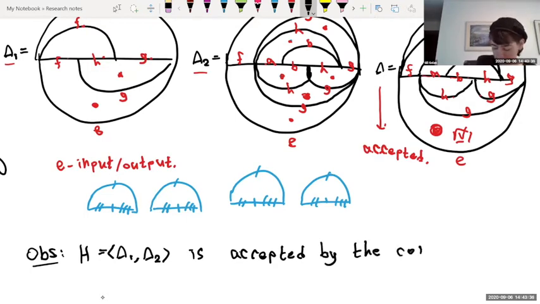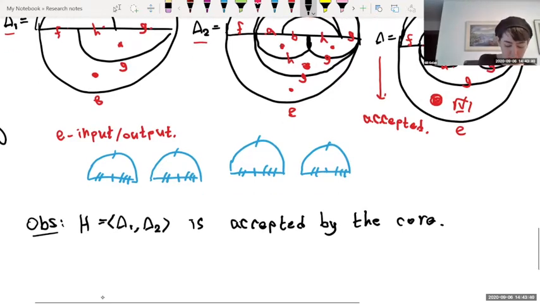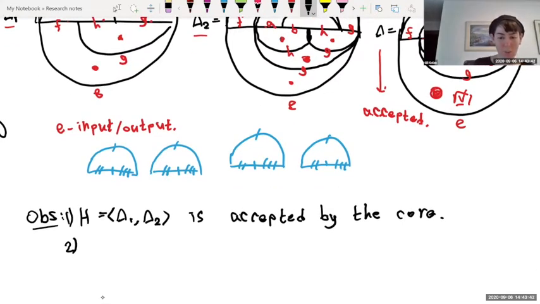Okay? Now, a slightly less trivial observation is that the core of H does not depend on the chosen generating set.